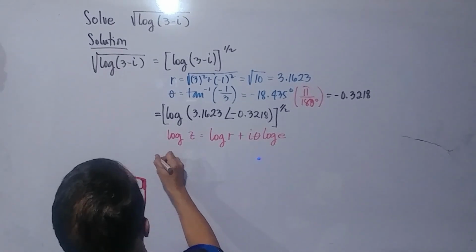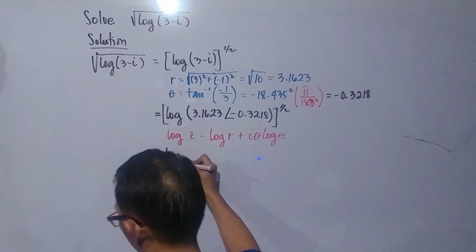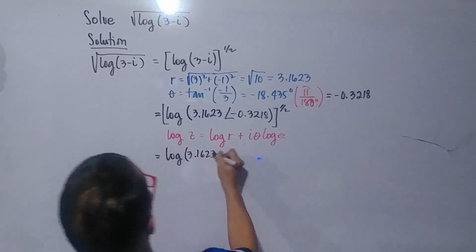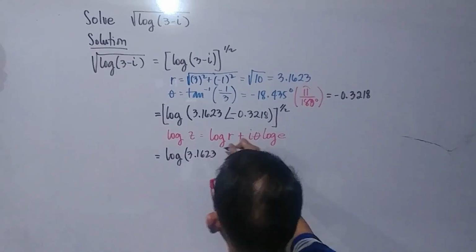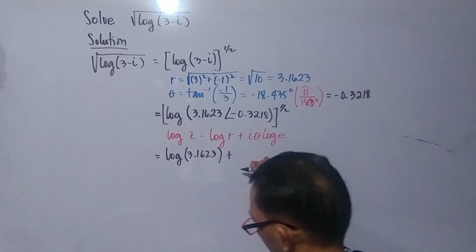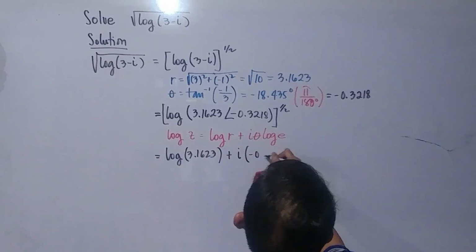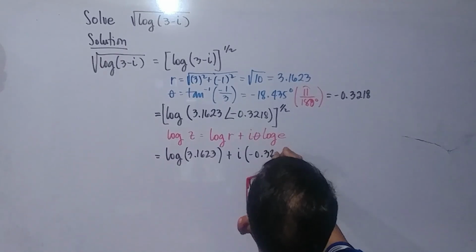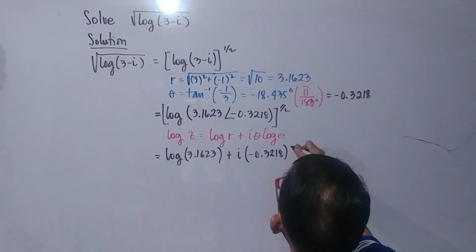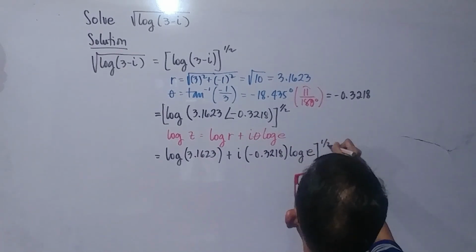So we have the logarithm of r natural is 3.1623 plus our angle is negative 0.3218 logarithm of e, to the 1/2.